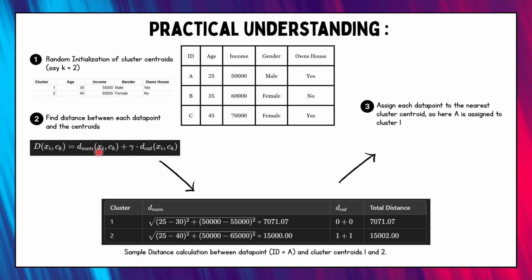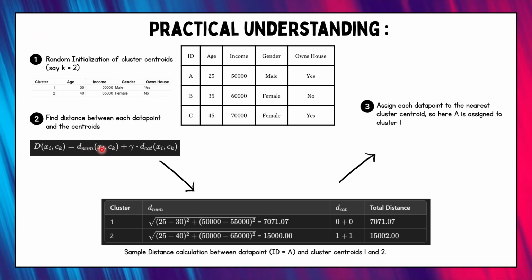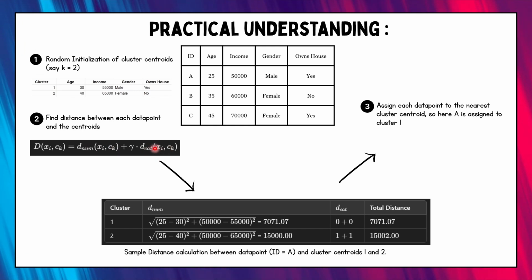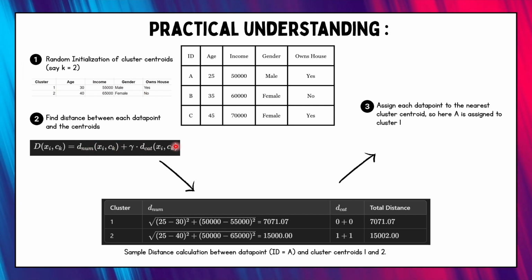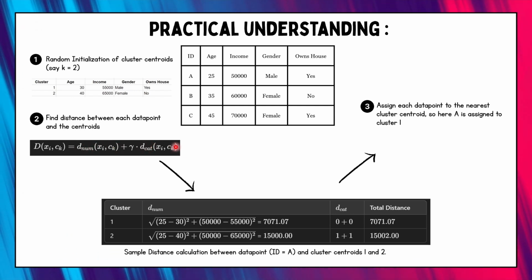So you can see that I've got a numerical part of this distance and a categorical part of this distance. The numerical part is calculated by the Euclidean distance, and the categorical part is calculated by the Hamming distance.